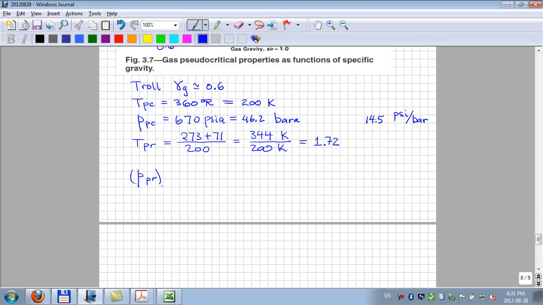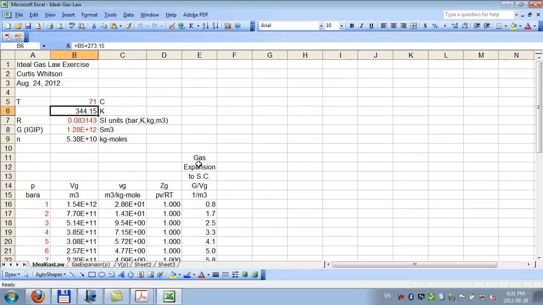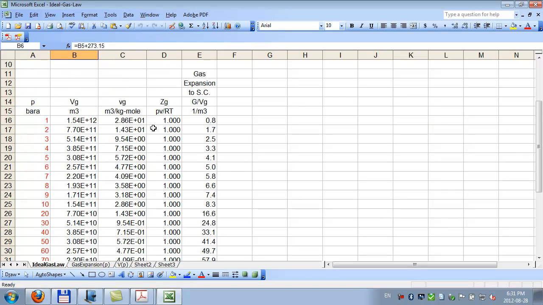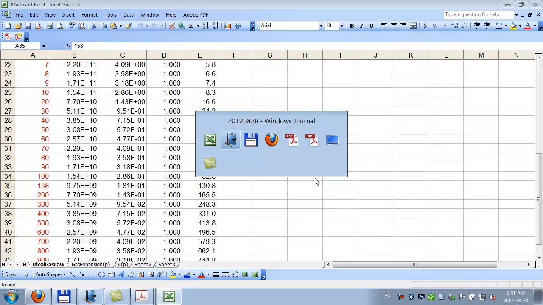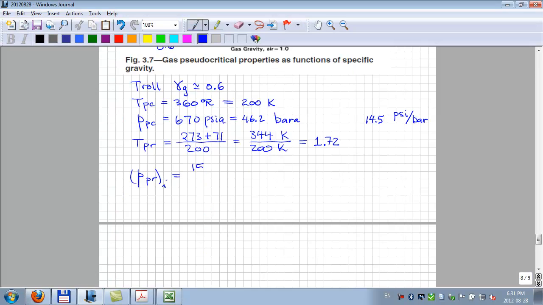And this is at initial pressure. I think I said the pressure was 158 bar, divided by the 46.2 bar. It's 4 something.